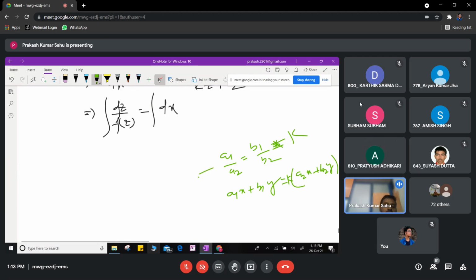Because if you write it this way, a1x divided by a2x is equal to b1y divided by b2y is equal to k. Then it is the same as a1x plus b1y divided by a2x plus b2y.